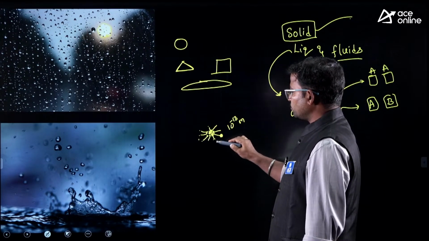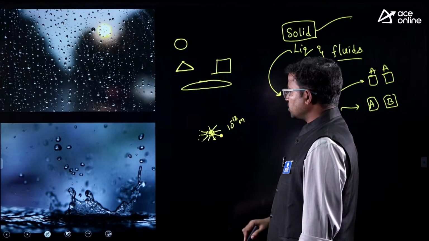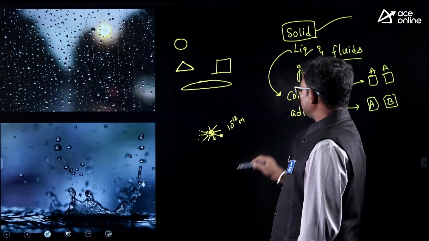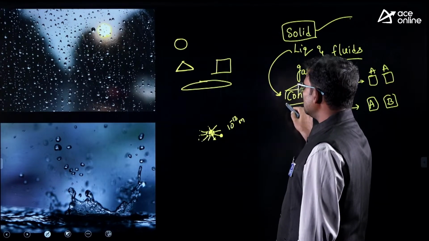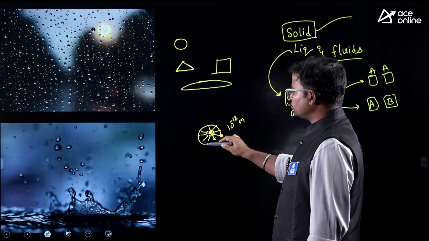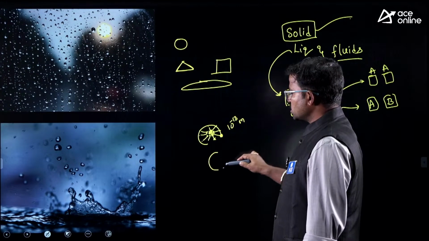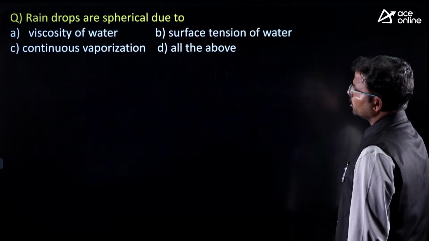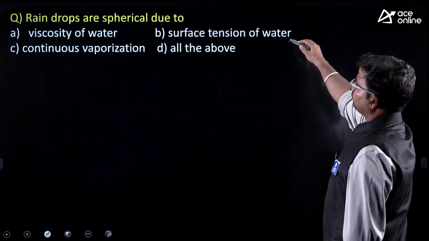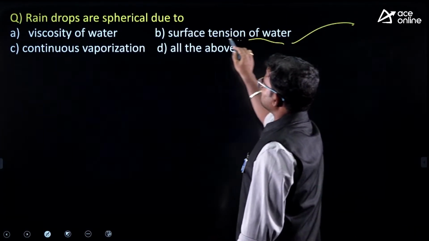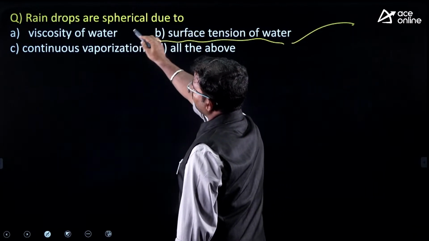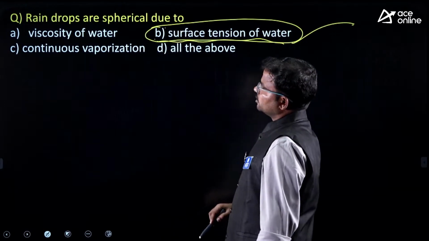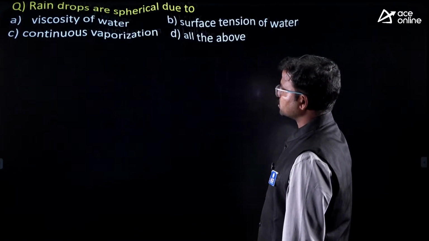Because the center of this region also has a water molecule, the same kind of molecules. So then what kind of forces mostly exist? Cohesive forces. Because of cohesive forces, it shows spherical nature. This phenomenon is called surface tension. So raindrops are spherical due to option B, surface tension. Option B is the right answer.